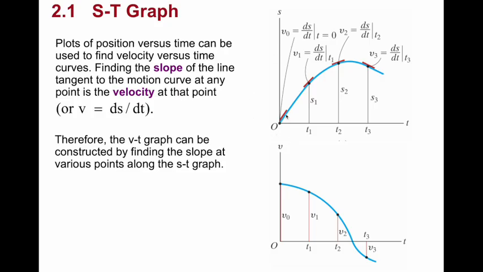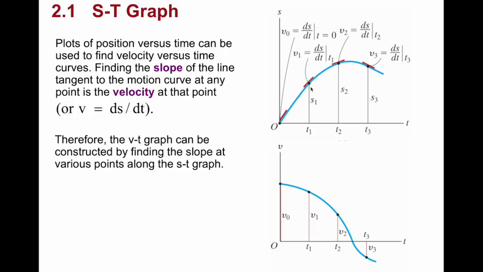The definition of differentiation is the slope of that line. If I take a little interval and find the slope, the initial velocity will be ds/dt at time equal to 0. If I find this, then I'll have my first point on the graph.